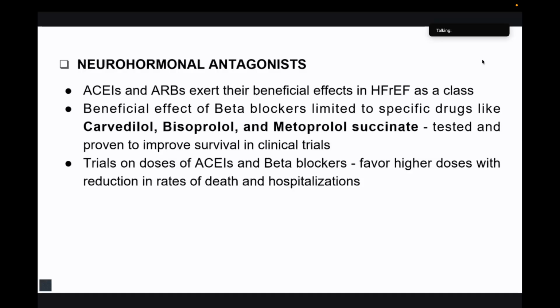ACE inhibitors and ARBs exert their beneficial effects in HFrEF as a class, whereas the beneficial effect of beta blockers is actually limited to specific drugs such as your carvedilol, bisoprolol, and metoprolol succinate because they have been tested and proven to improve survival in HFrEF patients in clinical trials.